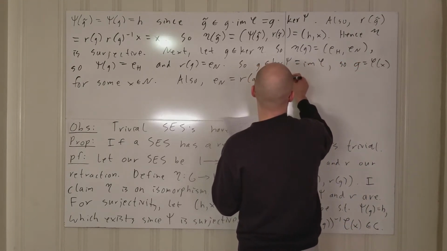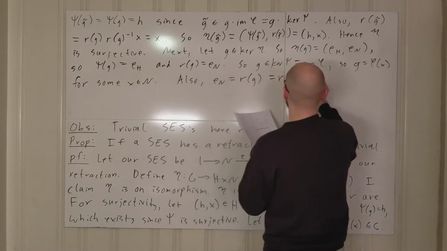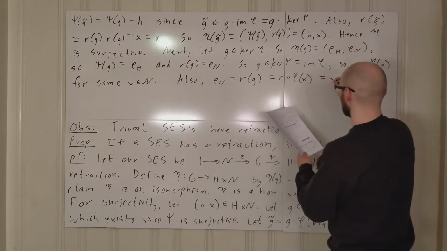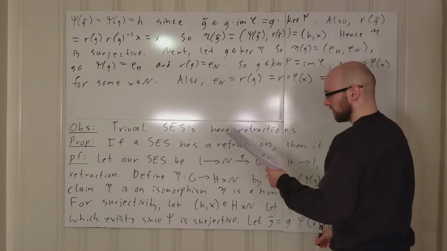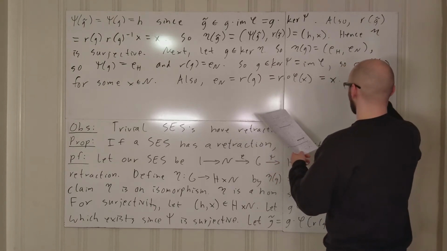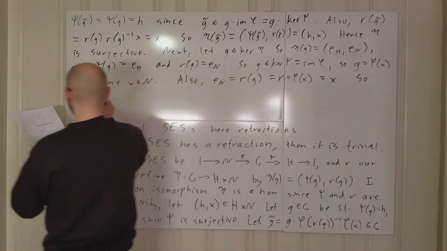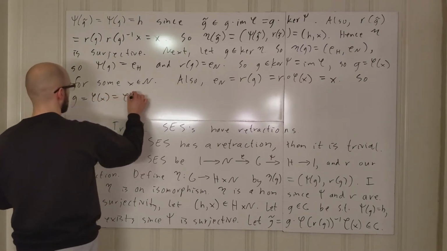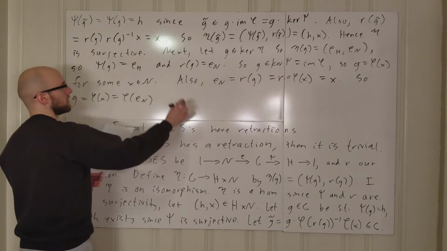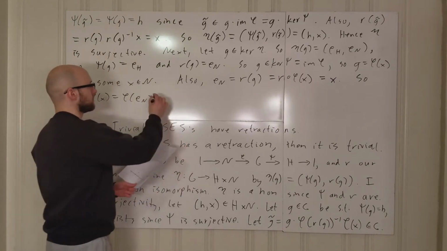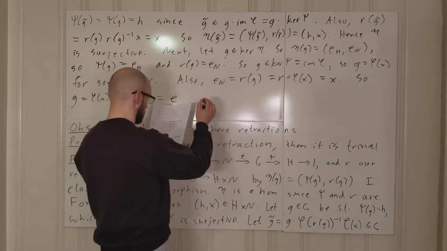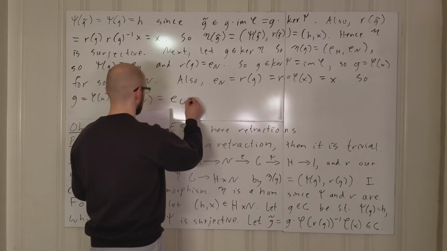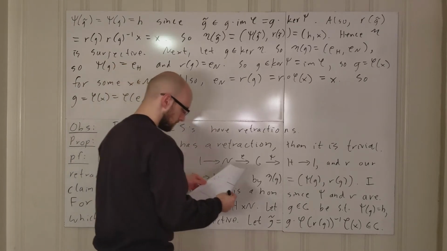So this is r of phi of x, but r of phi, remember, is the identity map. So this is x. So g equals phi of x, equals phi of e_N, because e_N equals x. But phi is a homomorphism, so this is just the identity element in G. Right?